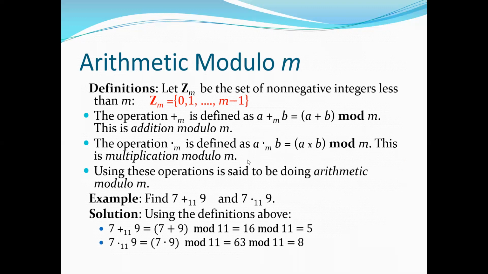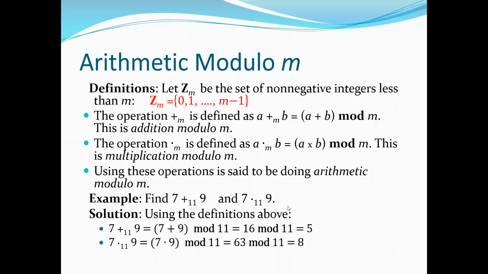Okay, so for example, we have 7 plus modulo 11 of 9, and 7 times modulo 11 of 9. Using the definition above, we first add 7 plus 9, and then the result will be divided by 11, and the remainder is 5.